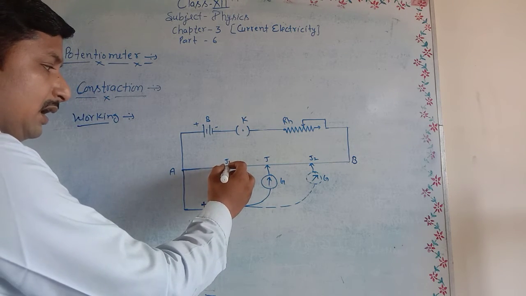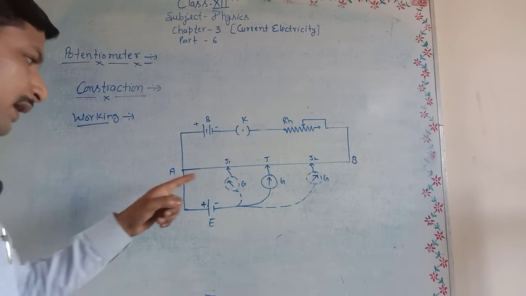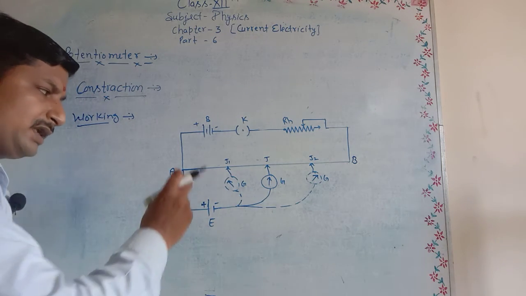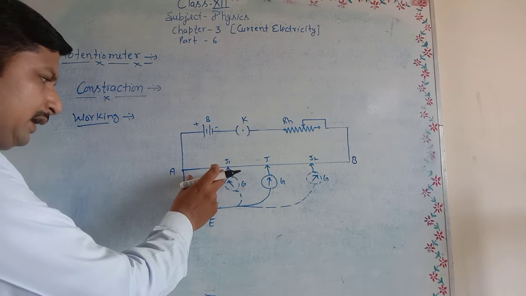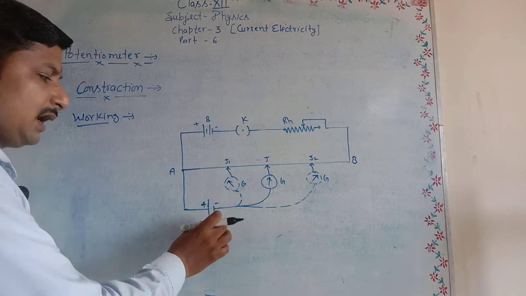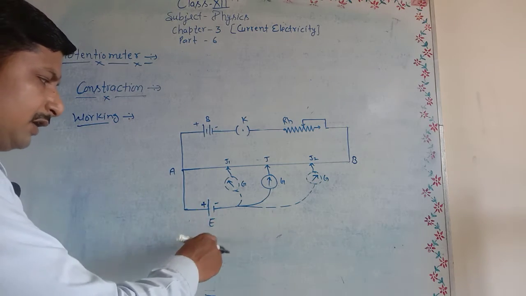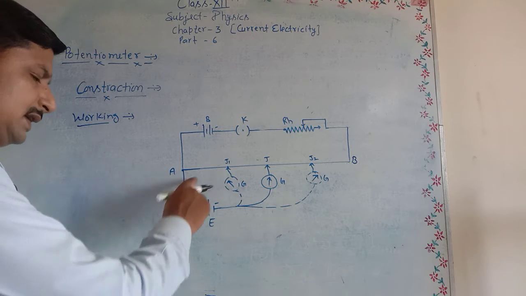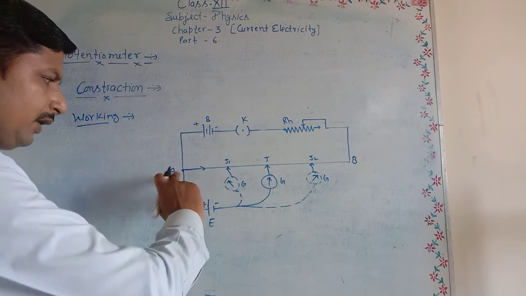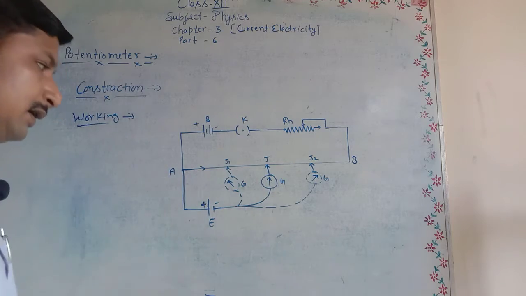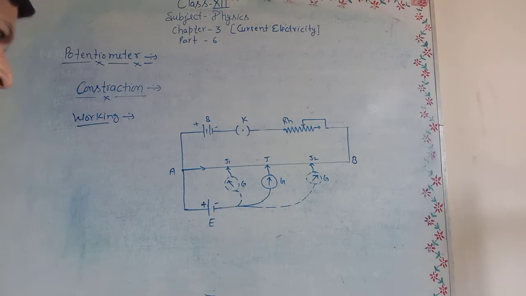For the working, first of all the jockey touches the wire at J1. Then the potential difference of the wire AJ1 is less than the EMF of the cell. Then the current flows in the wire of the cell, in the direction A J1 E, and the galvanometer is deflected to one side.